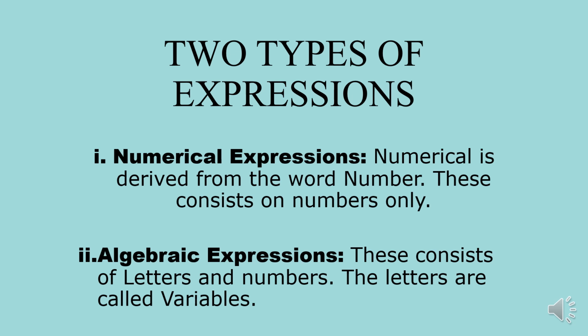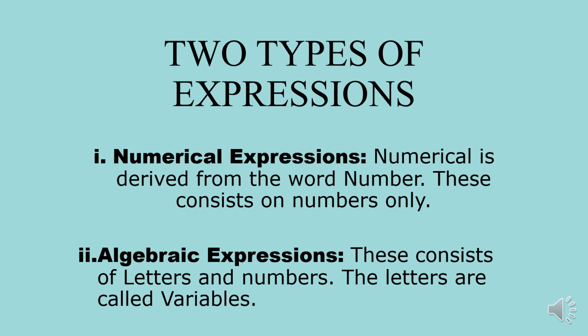The second one is the algebraic expression. In algebraic expressions, we're looking at letters and numbers put together. The letters are called variables, as alluded to earlier. So an expression where you see x, y, maybe z, those are algebraic.